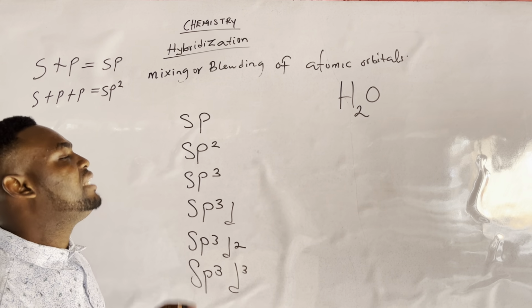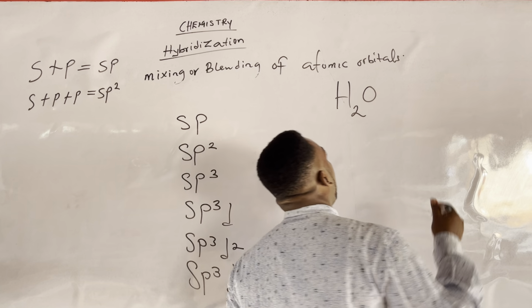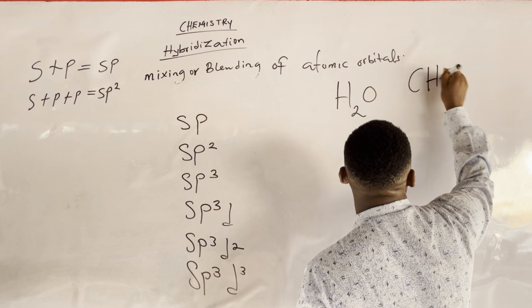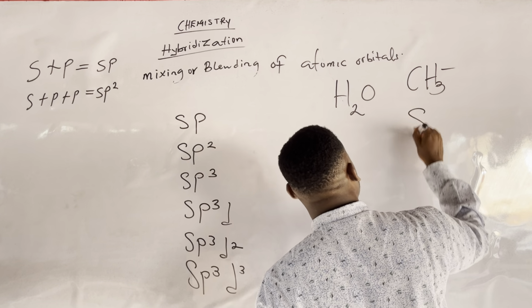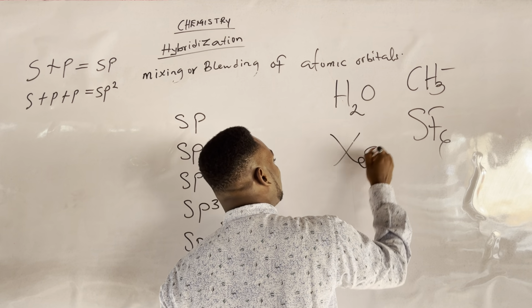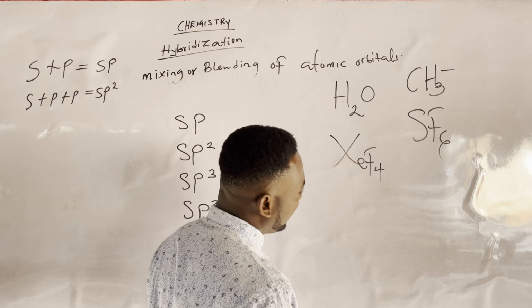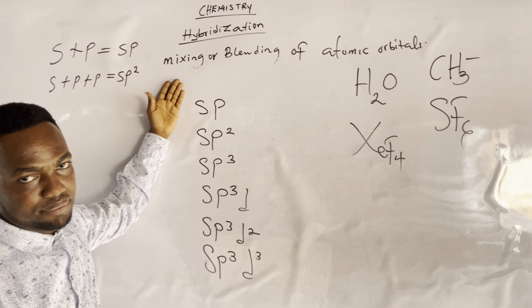All right. It then means in effect that if you're in the exam hall and the examiner asks you, what is the hybridization of a compound like CH3 minus? Or what is the hybridization of SF6? Or what is the hybridization of xenon tetrafluoride, XeF4? Your answer will fall within all these ones here.